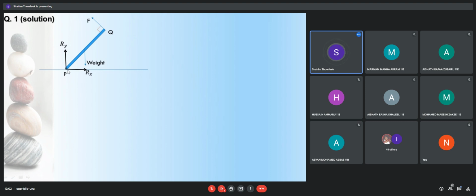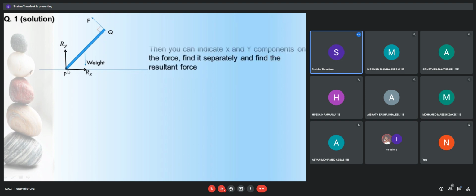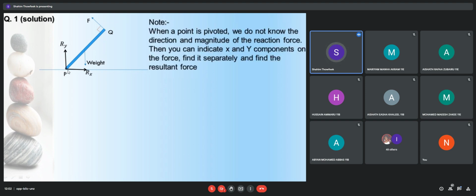You find Rx and Ry separately and find the resultant, that is the normal contact at point P. In this question, they are not asking that. I'm just telling you for more information, if they ask, you have to do the question like that.